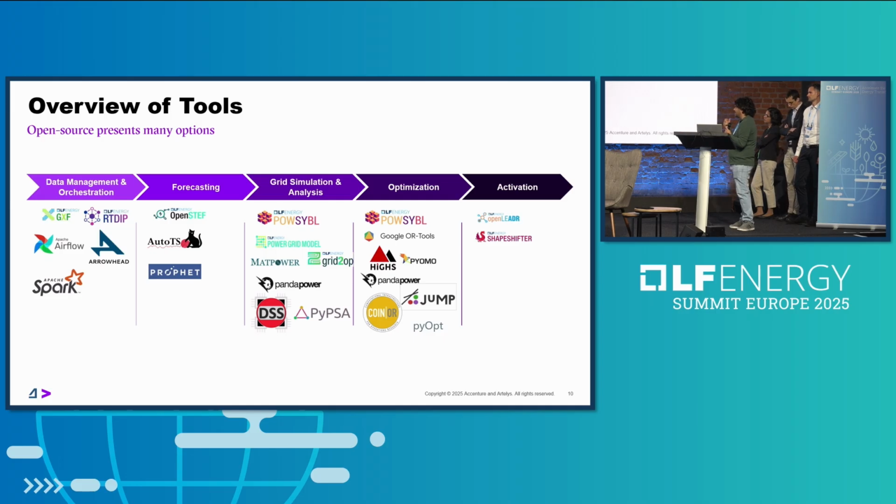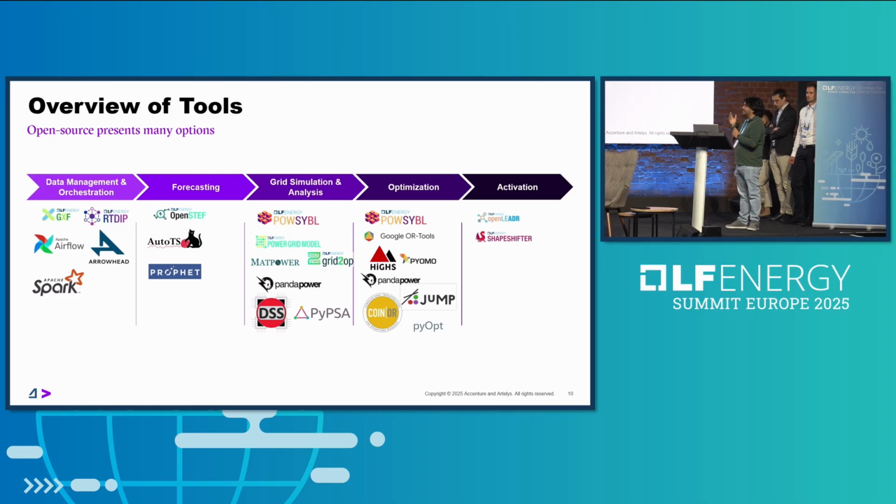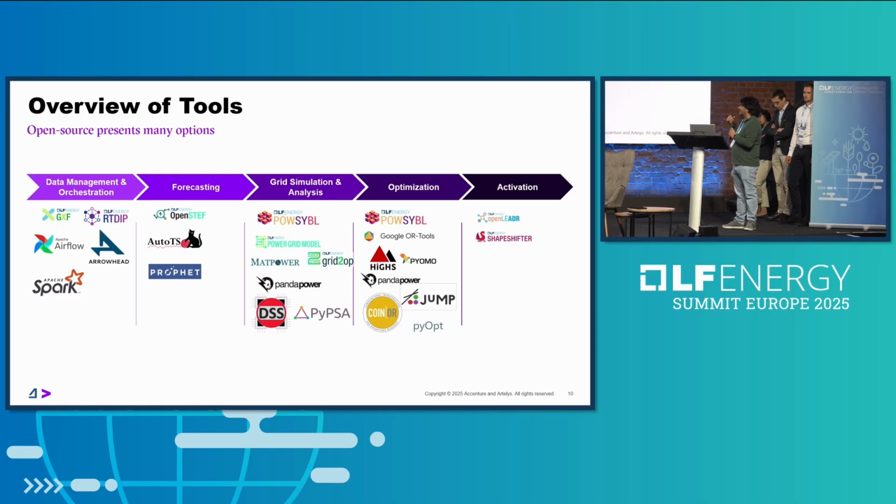Some of them have functionalities that others don't, and depending on the usage you have, you will prefer one or the other. Sometimes the same tool can also bring other functionalities. For example, PowSyBl and Panda Power also have native optimization capabilities.